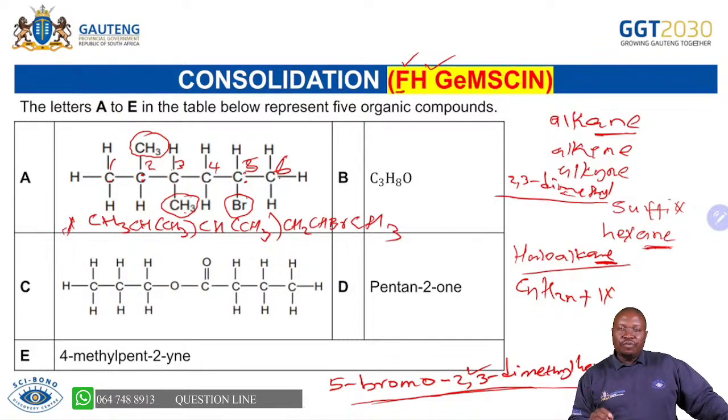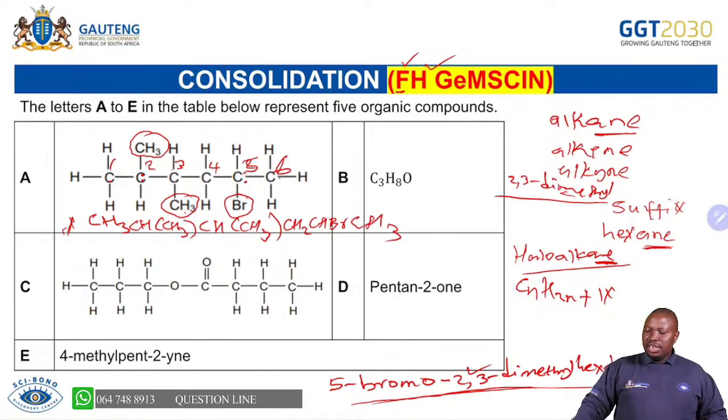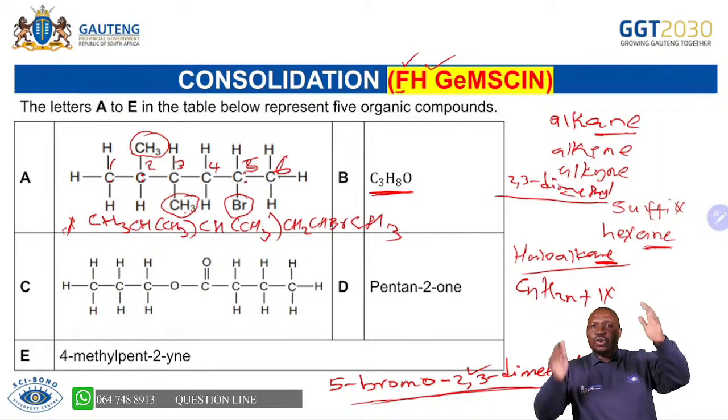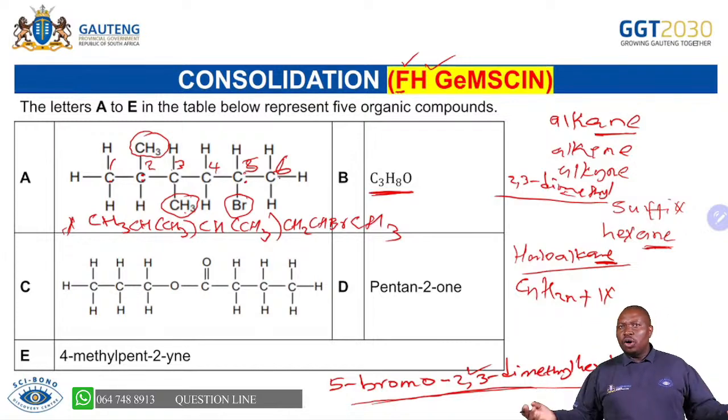And then we talk to the issue of isomers and the naming, which is what we have done. I hope as you go through, you will do all the questions. If you are given a molecular formula like that one, you must be able to first draw the structural formula so that you are able to see whether this is an alcohol or something.